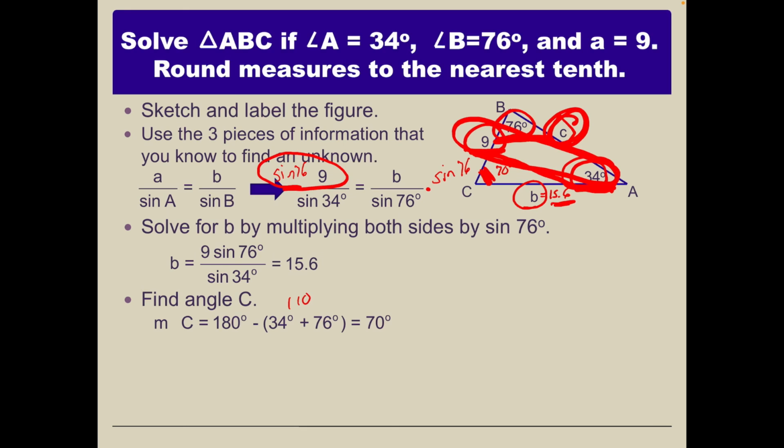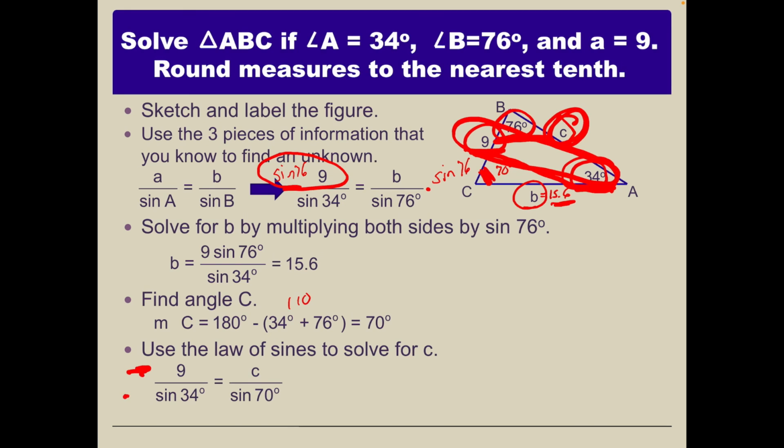So we'll start again with the law of sines, but this time a over sine A equals c over sine C. We will multiply both sides by the sine of 70. And that will give us c equals 9 times the sine of 70 degrees over the sine of 34 degrees, which ends up equaling 15.1.